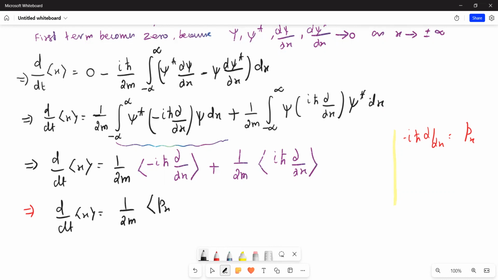This is what? Px. Plus here also please consider, what is this? This is a complex conjugate of the previous one. So if you take the complex conjugate and the expectation value for the complex conjugate, you will get the same result. So again we can write like this.